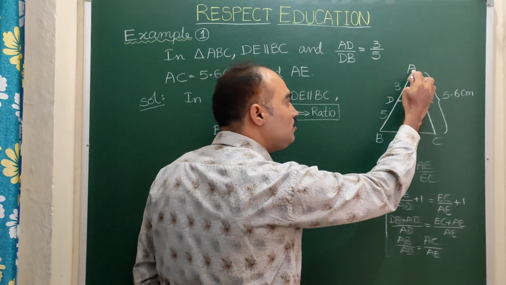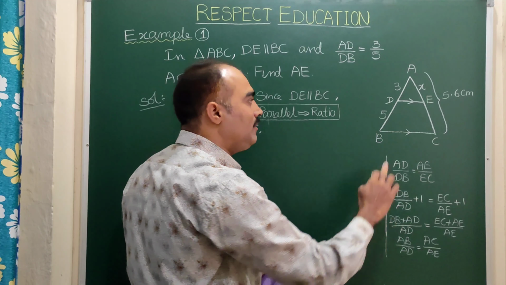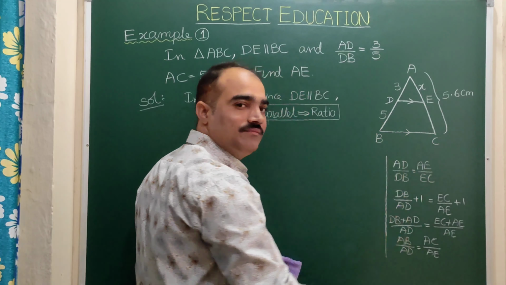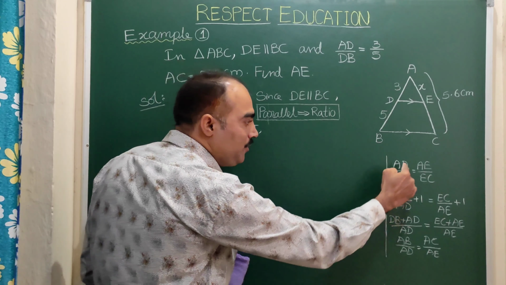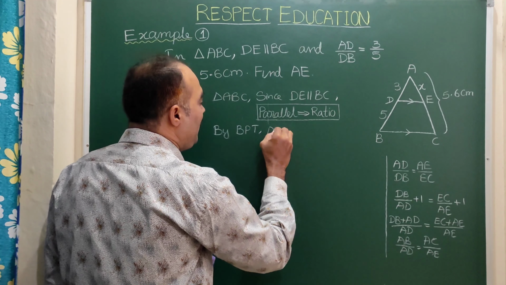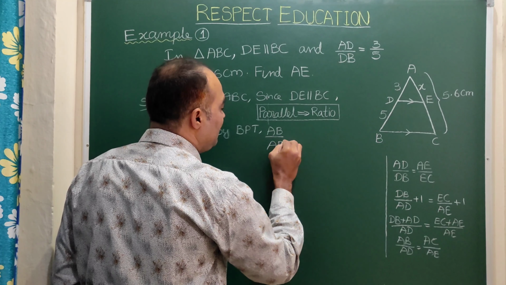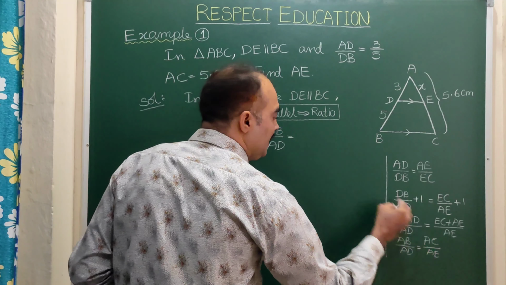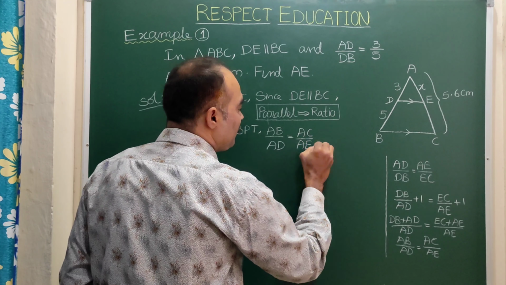Right side also we should take the same, AE by AC. Similarly, DE by BC. So here by BPT, I am taking AB by AD is equal to AC by AE. Clear?